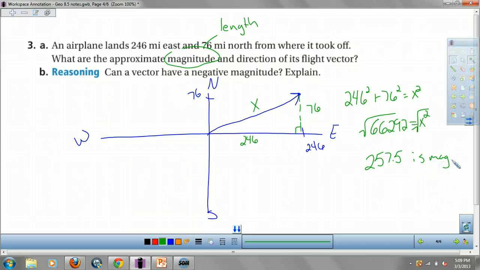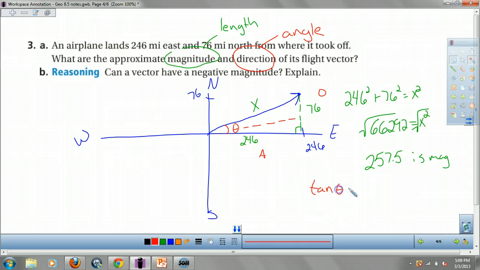Okay. Now for direction, direction is a fancy word for what's the angle. Okay, so we're looking for theta now. Now we get to use our good old-fashioned trig. Now 76 in relationship with theta is our opposite, right? 246 is our adjacent. We're going to use tan.